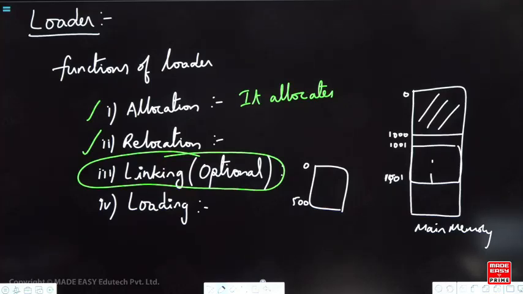Next, relocation modifies the object program so that it can be loaded at an address different from the location originally specified. Okay, continue.